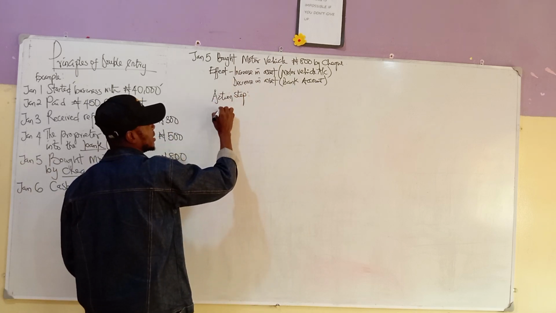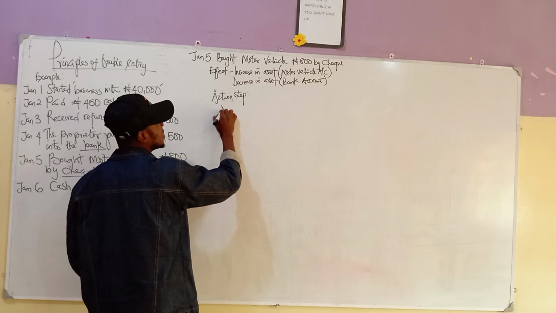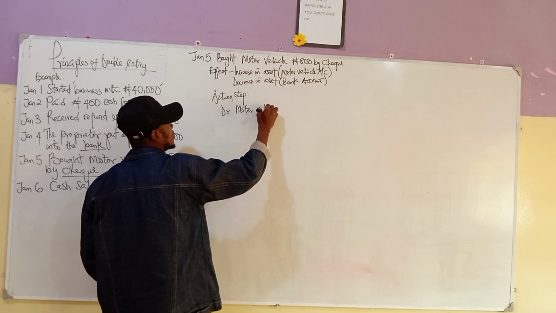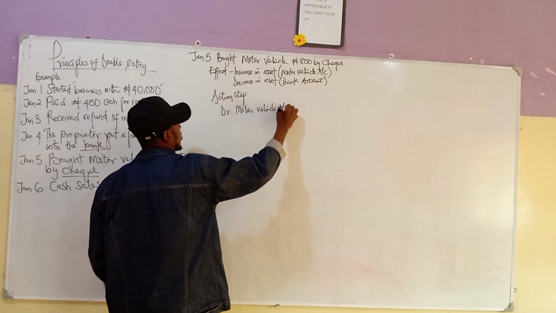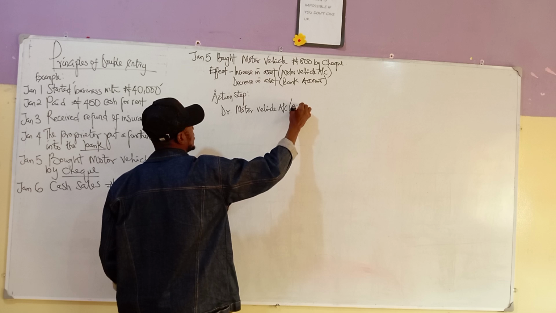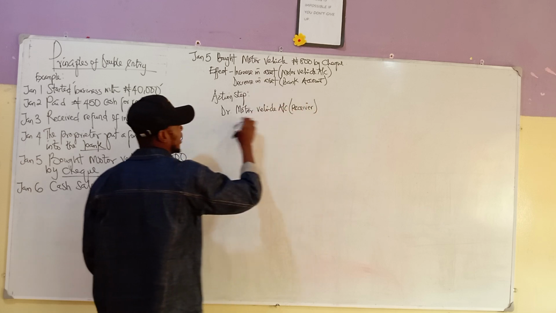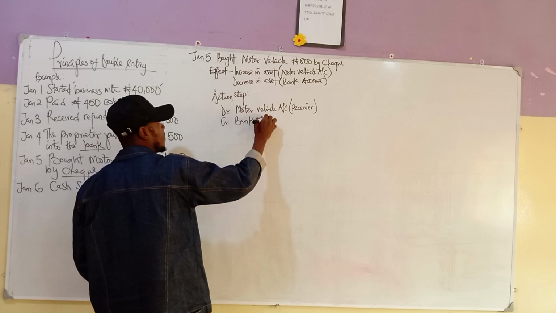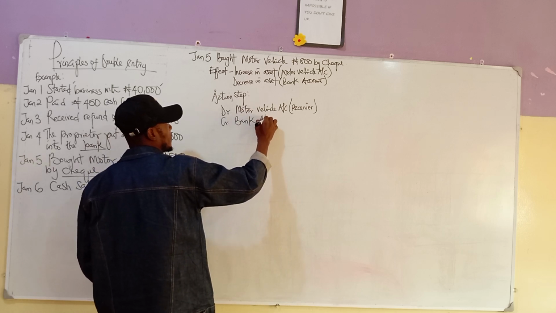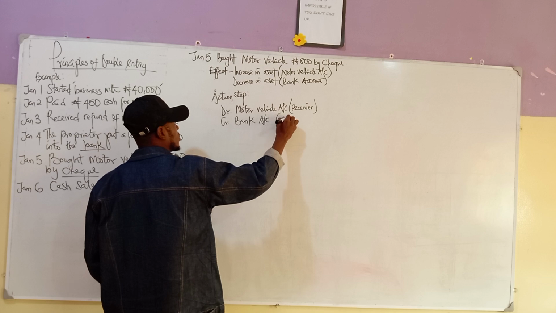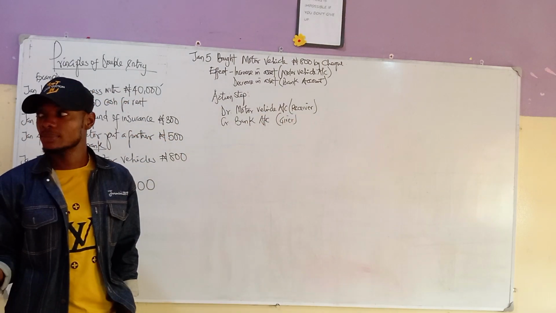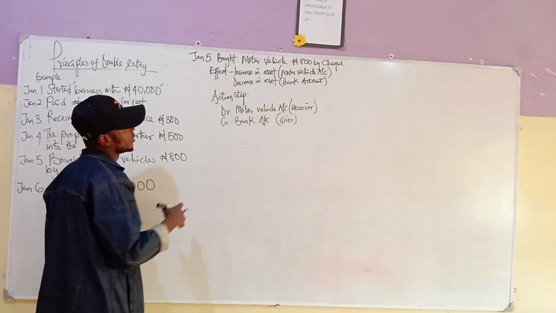First, because this is an expense, we'll debit motor vehicle account, and motor vehicle account is the receiver, and then credit bank account, and bank account is the what? Giver, right? So in terms of our posting, how do we post this?